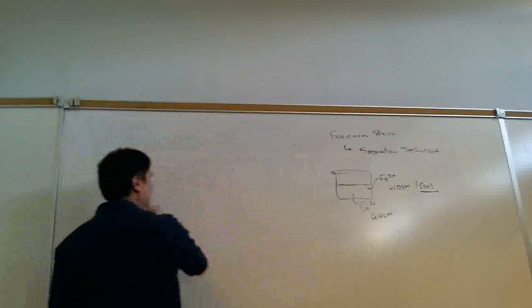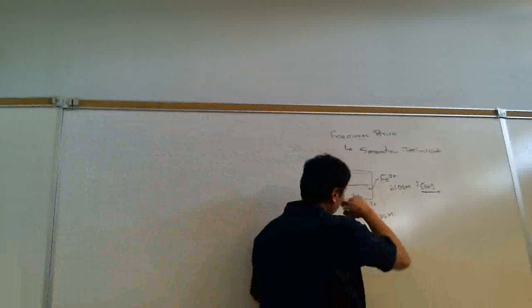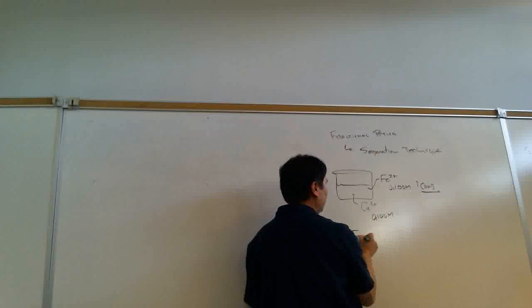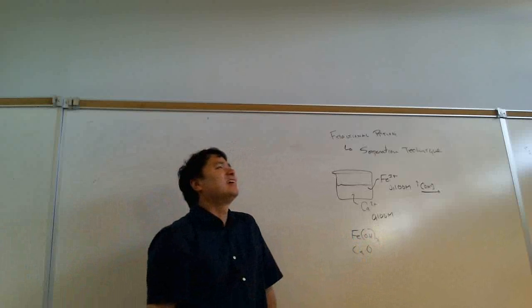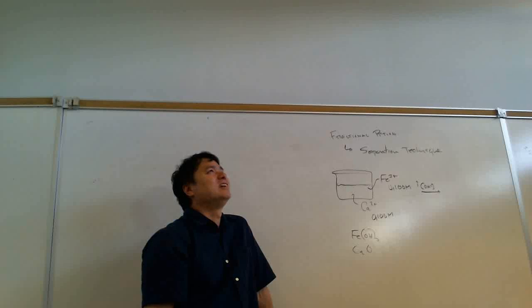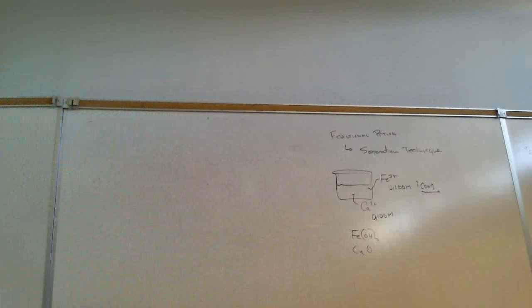So qualitatively, the most insoluble one precipitates first. And so which one is more insoluble, Fe(OH)3 or Ca(OH)2? Oh, actually, calcium's not a good one unless we have the Ksp. Let me see. Calcium hydroxide is fairly soluble. So let's see if I have the Ksp for calcium hydroxide.